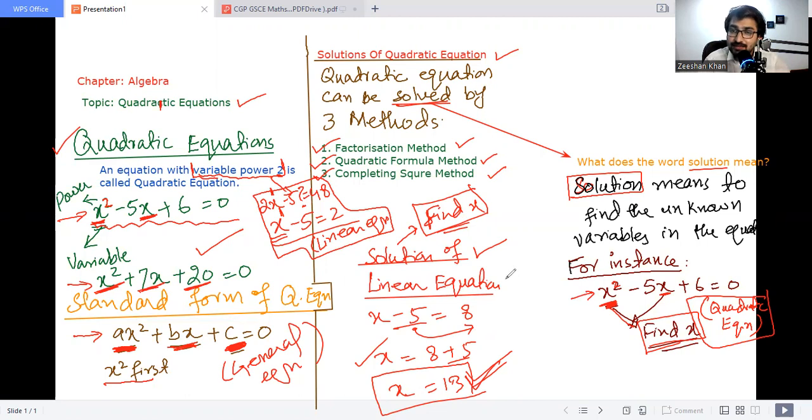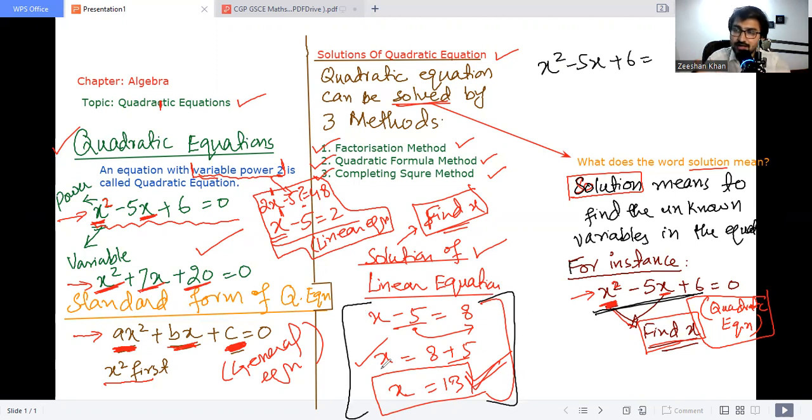But we cannot apply this method here. This is a simple method: take the numbers to the other side, leave the variables on one side, and you will get the answer. But in this case, let's assume this equation: x squared minus 5x plus 6. Now let's try the linear method, shifting the numbers to the other side and keeping the variable on one side. Let's try that on a quadratic equation and see whether it will work or not. This is a constant number, so let's move this constant to the other side. On the other side, there is the equality, 0. So x squared minus 5x equals negative 6.